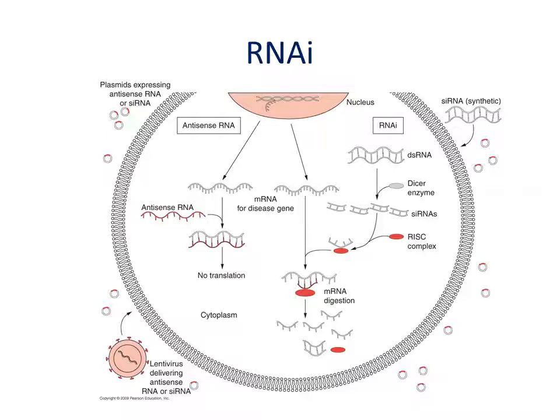If we've designed our synthetic siRNAs to be complementary to the mRNA that's being overexpressed, we now have this small region of homology. And just as before with the antisense RNA, anytime we see this double-stranded RNA, it will be destroyed. So then, theoretically, in either scenario, if you have that overexpressed gene and we design the RNA that's supposed to interfere with it appropriately, we can inhibit the overexpressed gene.